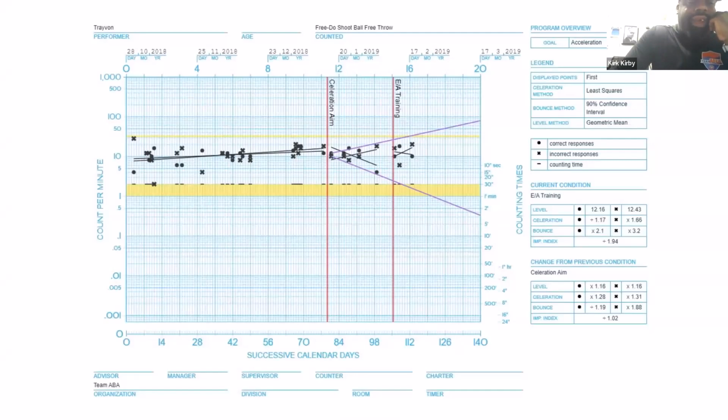I've been brought in to make someone better. So as you can see, there is no phase change line of a baseline or anything. We are just looking at what you can do off the rip, and we're going to give you that feedback. So this was one of our early charts here.